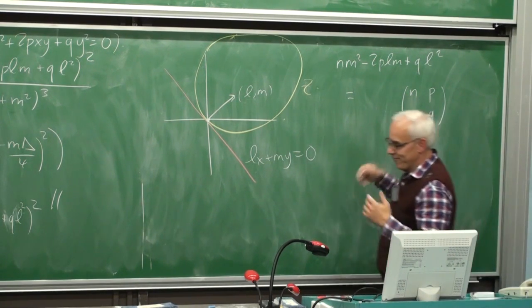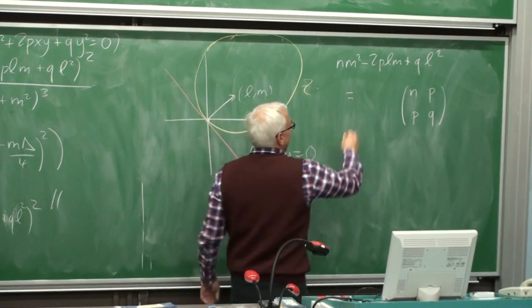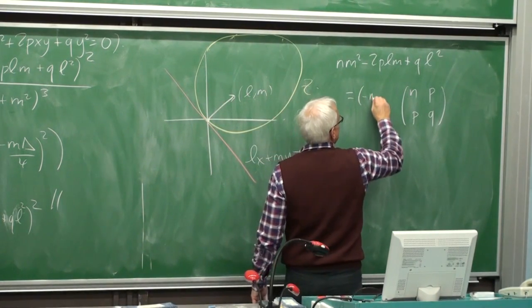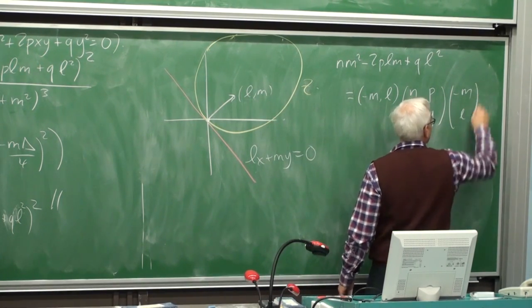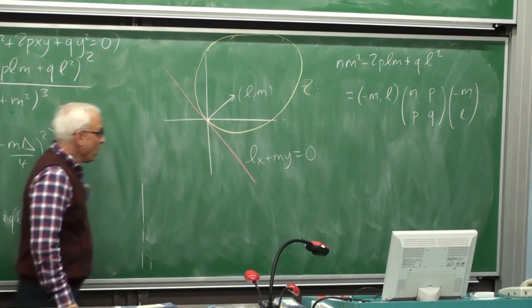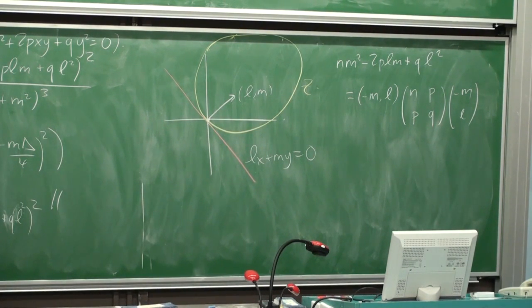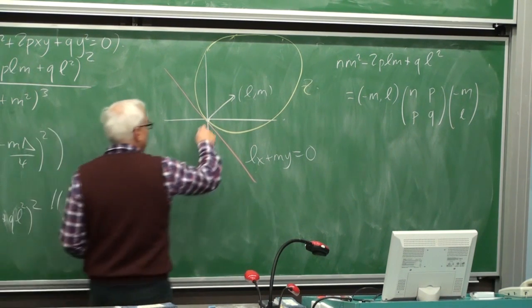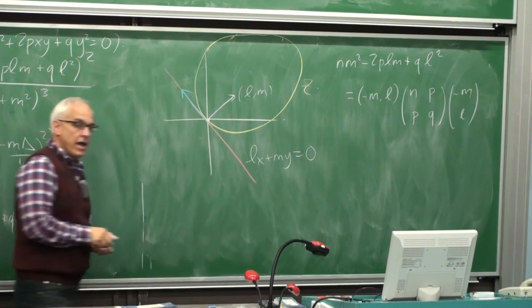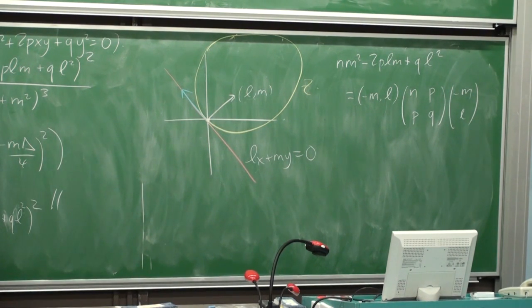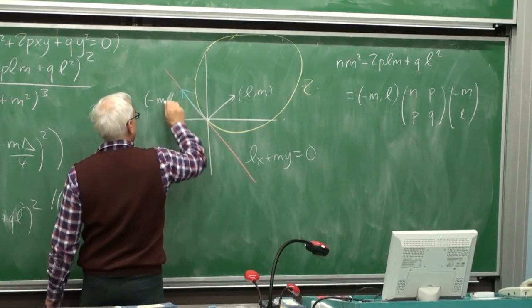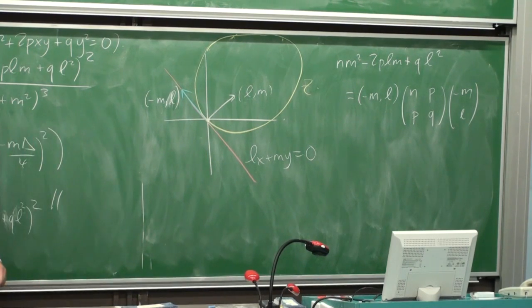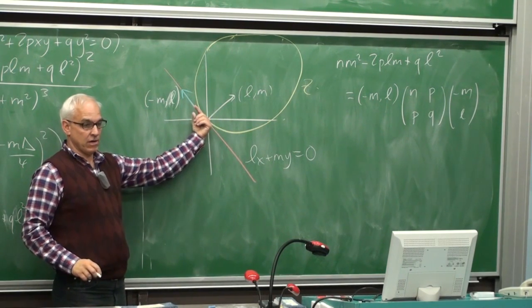And the vectors that we're multiplying this thing by are, well, let me write minus M and L. Where is minus M and L in this picture? It's just a vector lying in the tangent direction, because it's perpendicular to LM. So here is minus ML. In fact, it's just the rotation of this thing by a quarter turn.